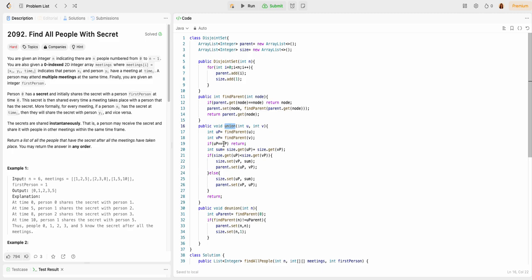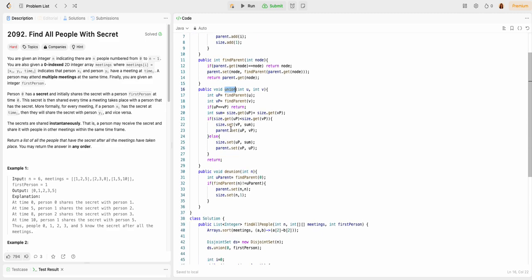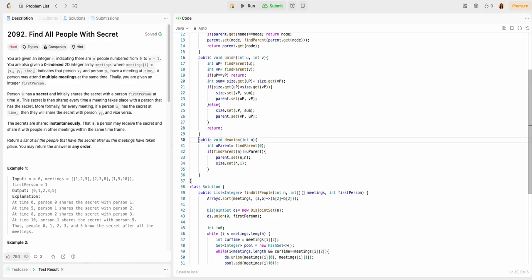And when it comes to the union, in simpler terms, I would say we are making one person the parent of the other person when the union is happening. Okay, and in the end, what we are checking is: give me the ultimate parent of person 0, that is u parent, right? That is the ultimate parent.